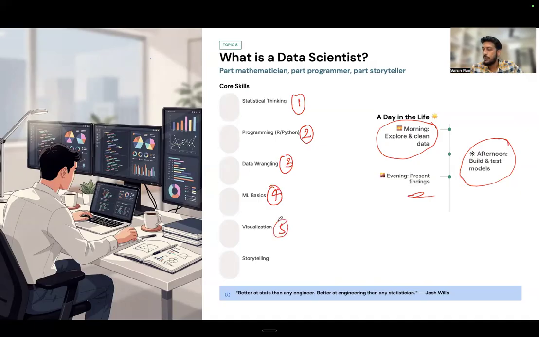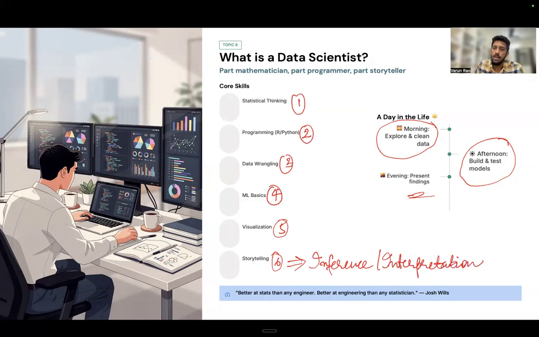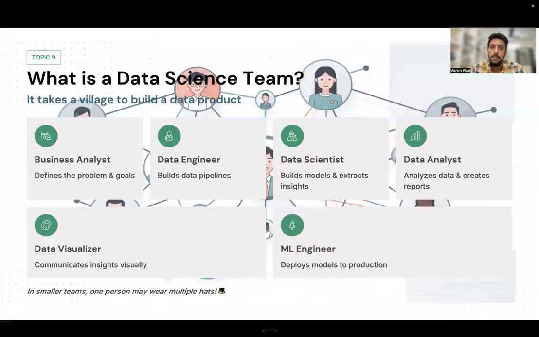After this, you would be visualizing your data, and finally, you would have storytelling. Storytelling can also be called inference or interpretation of your information. So you have these parts that every data scientist follows on a day-to-day cycle.